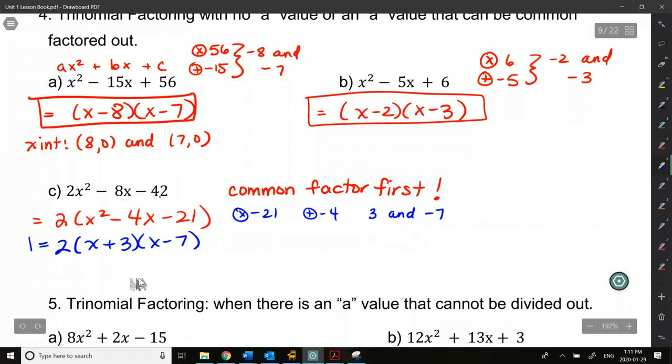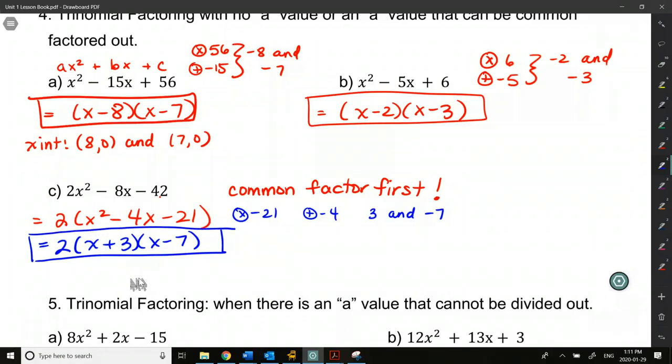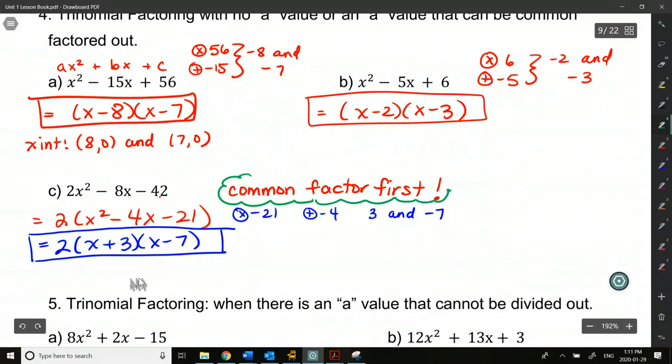So here the x-intercepts are -3 and +7. This is super important because it can make your life much easier. You always want a common factor first.